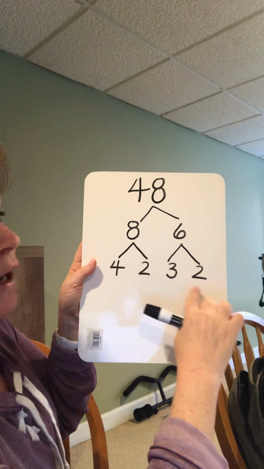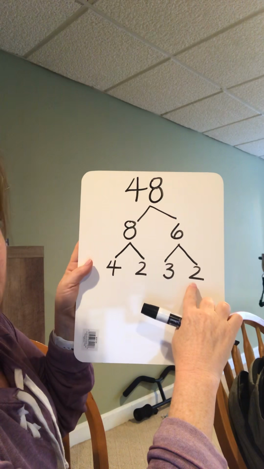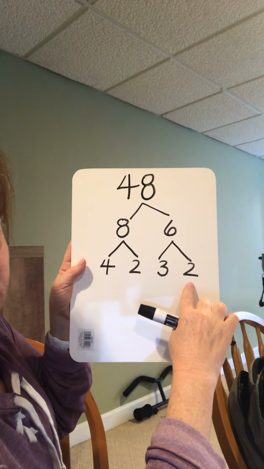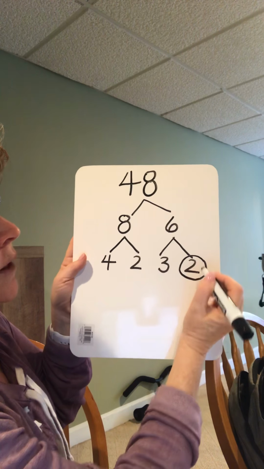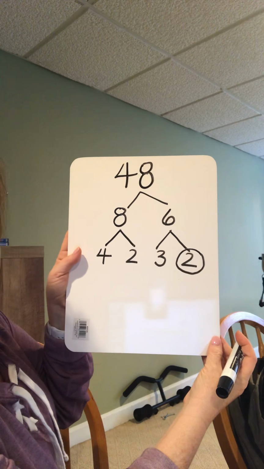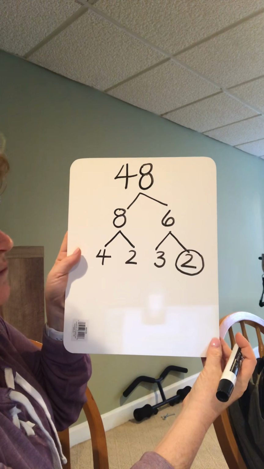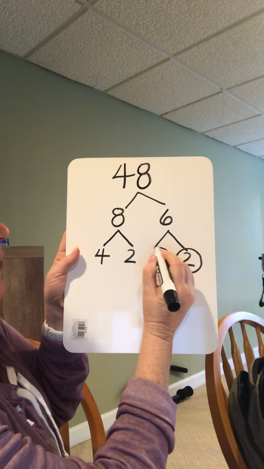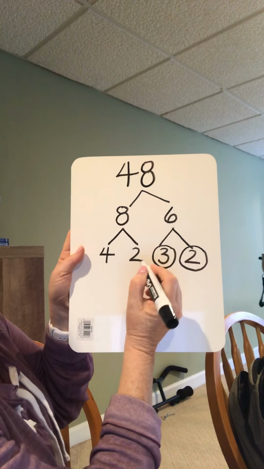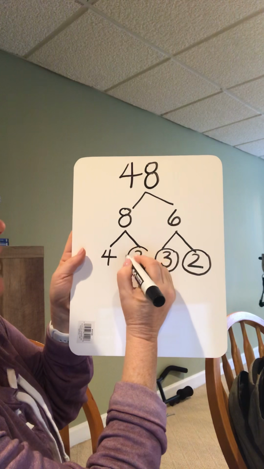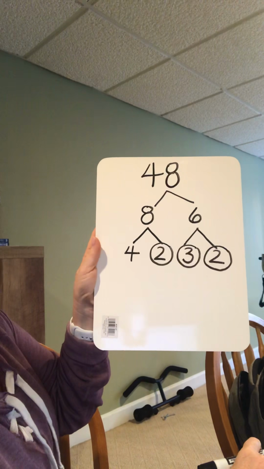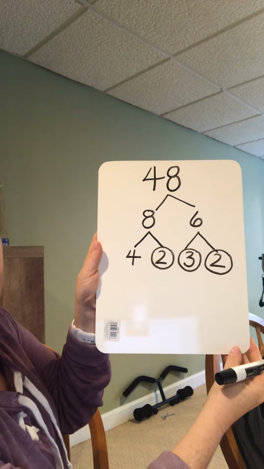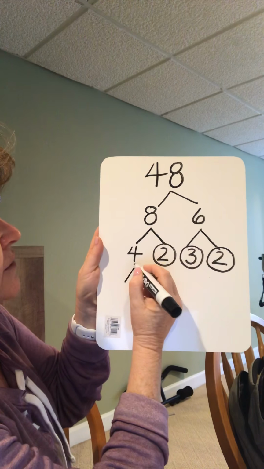Now, when we look at the factors that we've broken those two numbers into, let's figure out, are any of these prime? Is there any other way to make 2 besides 2 and 1? No, there's not. 2 is prime. Is there any other way to make 3 besides 3 and 1? No, 3 is prime. Here's our friend 2 again. We know he's prime. Now what about 4? Can we make 4 any other way besides 4 and 1? Yeah, we can. It's 2 times 2.